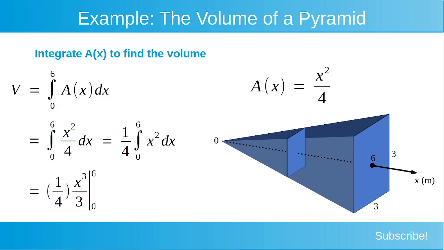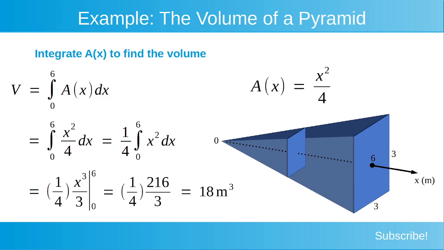So that's going to work out to be just 6 cubed over 3, and then we'll need to multiply it by 1 over 4, which we kept separate. So that 6 cubed over 3 works out to be 216 over 3, and then we multiply by that 1 over 4. And when we multiply out those fractions, we get 216 divided by 12, which works out to be 18.